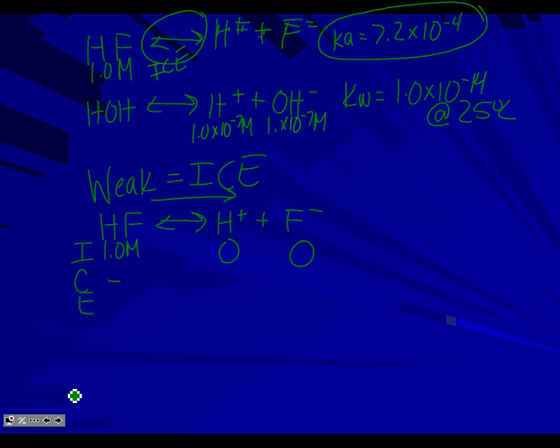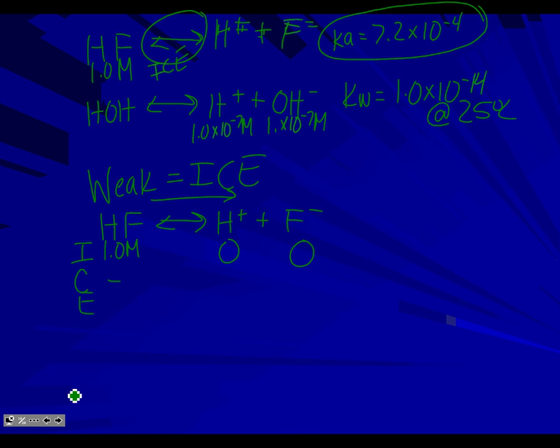We don't know those concentrations because it's an arrow going both directions. That only works the other way when it's a strong acid. So scratch that, forget I ever said that. When it's weak acids, you have to compare Kas to Kws. One more time. When it's a weak acid, you have to compare a Ka to a Kw.